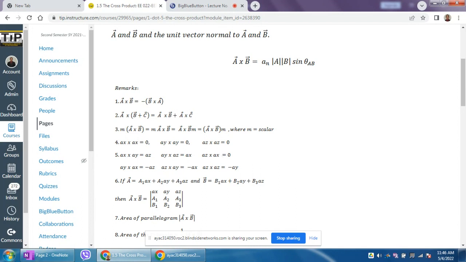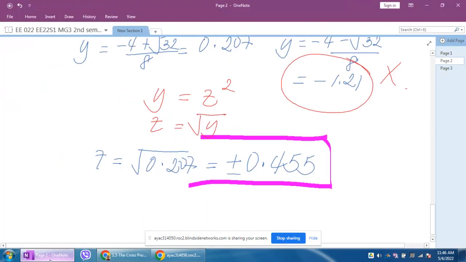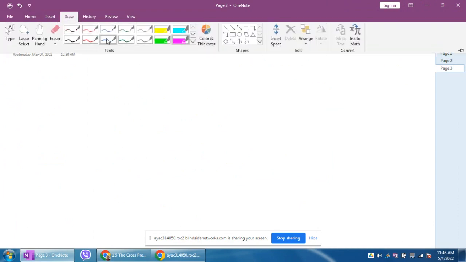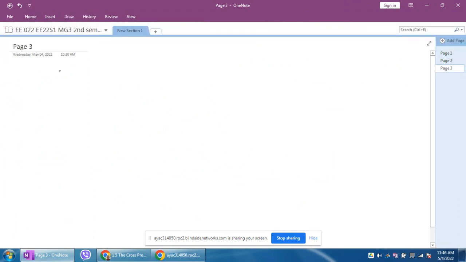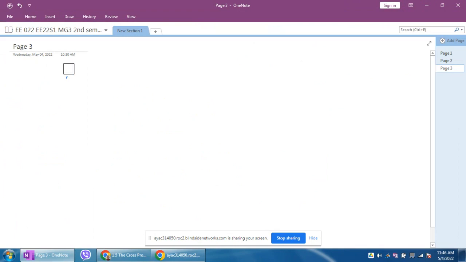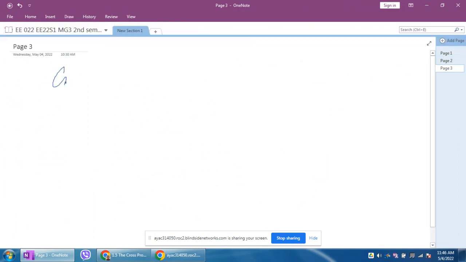AX cross AY, AZ cross AX is AY. Note ko po dito, bibigay ko rin po sa inyo yung kopya nitong notes ko. Sa cross product, may typo error po ako. Para po ma-emphasize lang yung typo. Cross product.